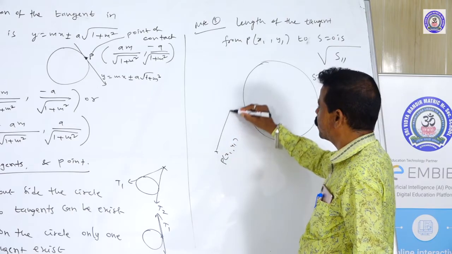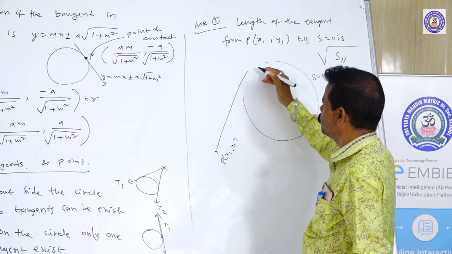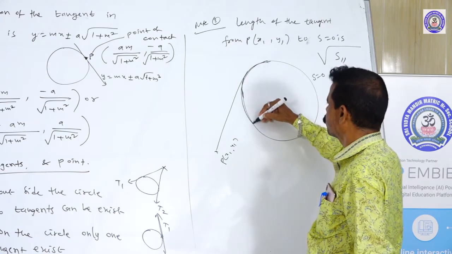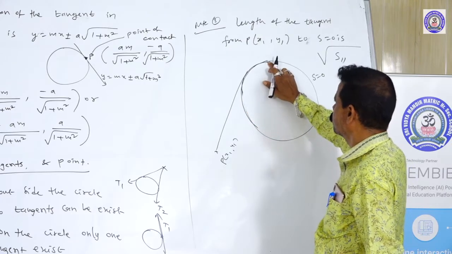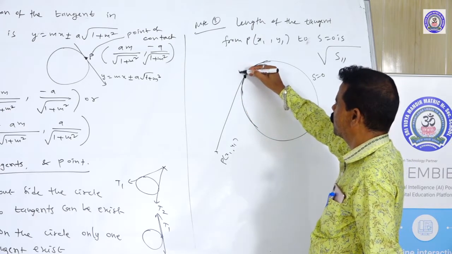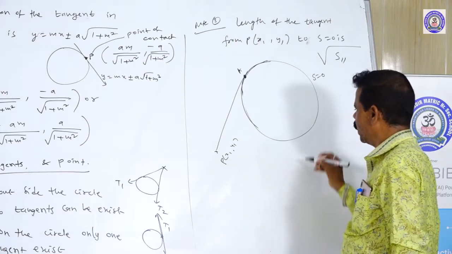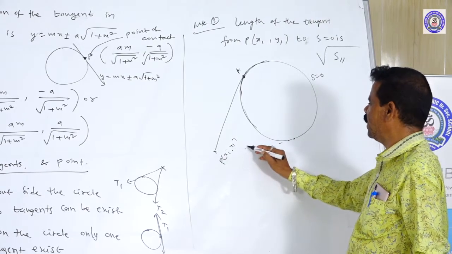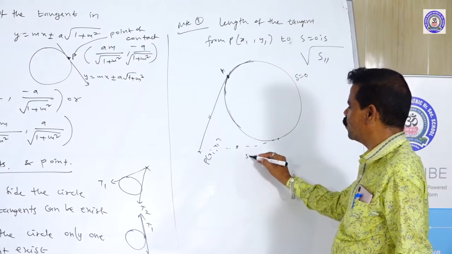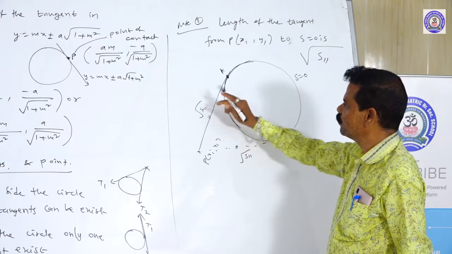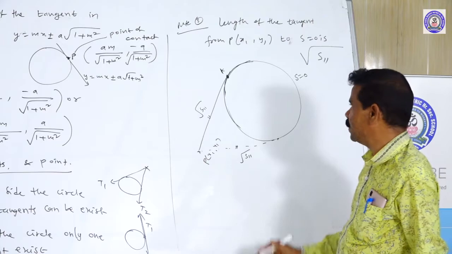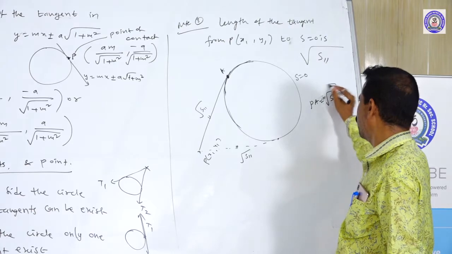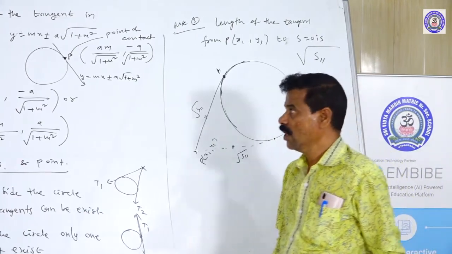From point P, there is a tangent to point A, and on this side another tangent also exists. Both tangent lengths are equal: root S11, this also root S11. Root S11 is the length of the tangent. So PA = √S11. This is the formula.